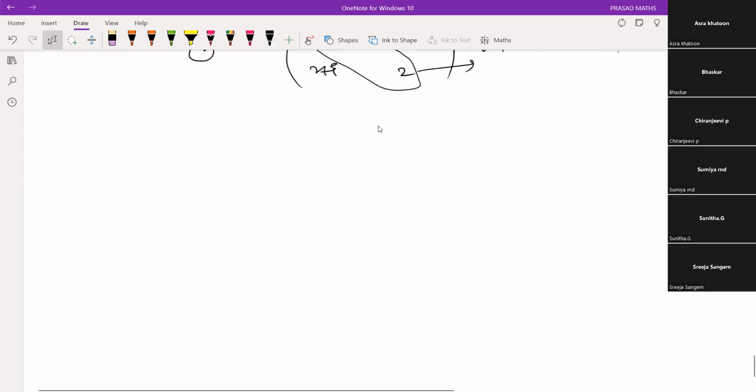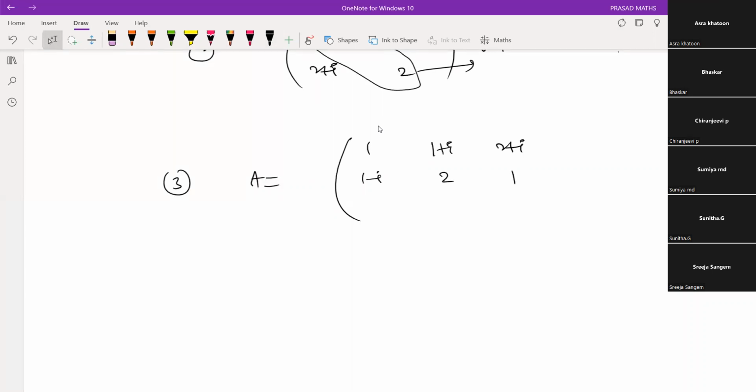Suppose you take A equals 1, 1 plus i, 2 plus i, and next the conjugate entries 1 minus i, 2, 1, 2 minus i, minus i, 4. Now tell me, is it Hermitian?